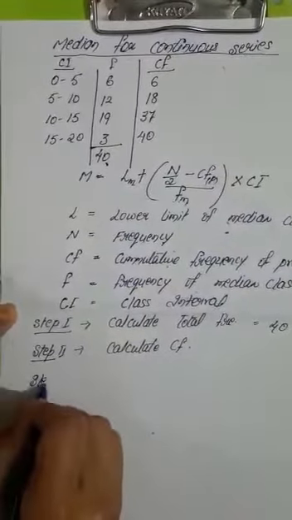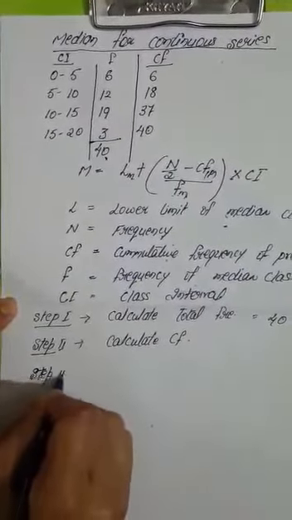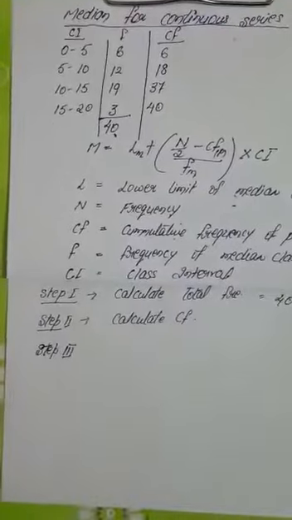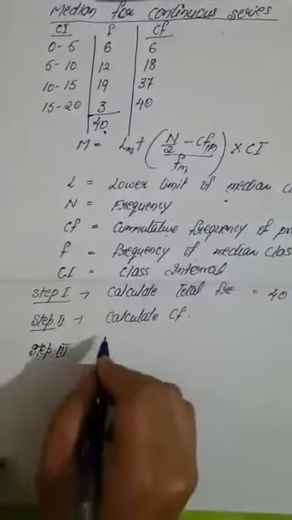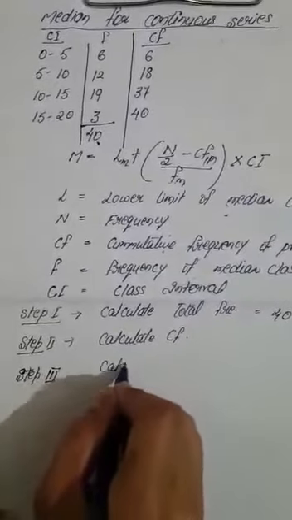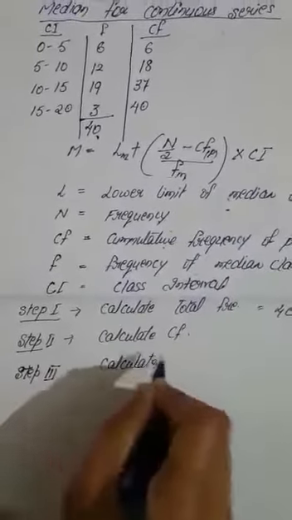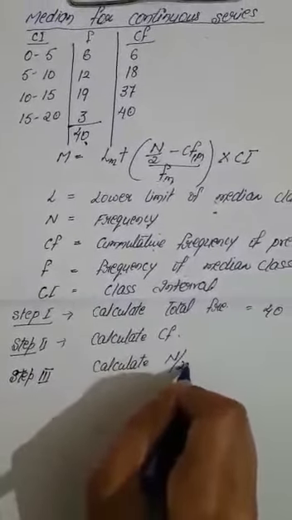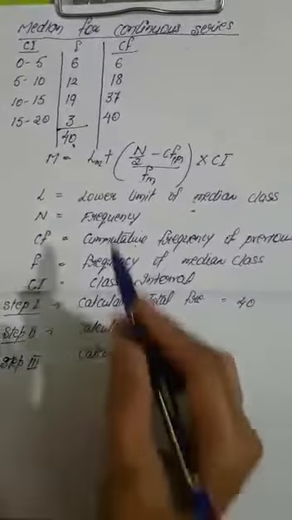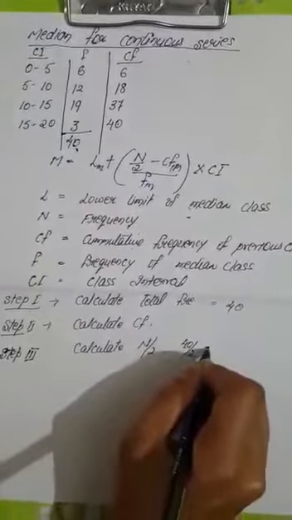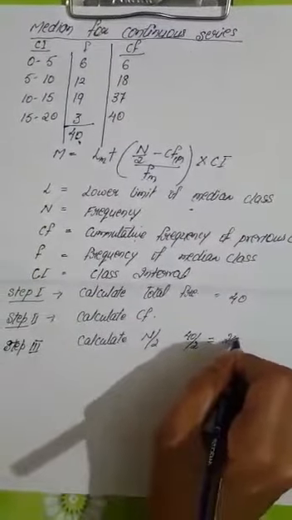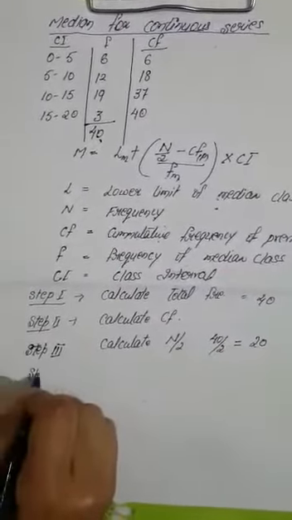Now move to step 3. You have to calculate n by 2. We have n, that is 40. 40 by 2 is 20. Now move to step 4.